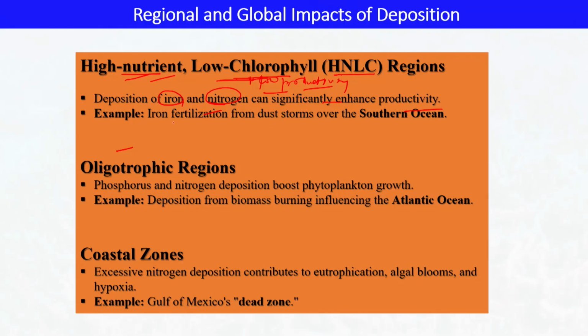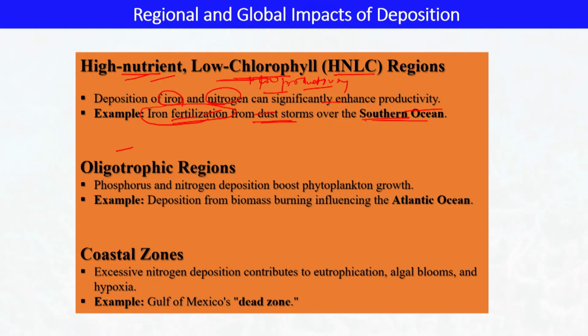So if we can supply iron and deposit it there, then there can be iron fertilization. For example, through the dust storms I was talking about, especially in the Southern Ocean, experiments were conducted in some of the HNLC regions where iron was sprayed over the ocean, and they found that when they sprayed the iron, the productivity increased.